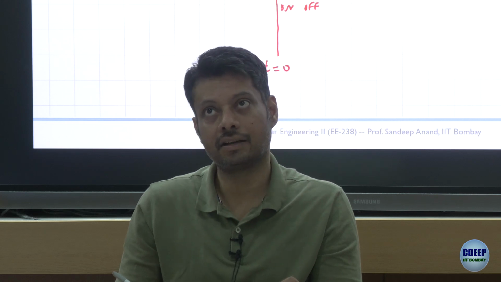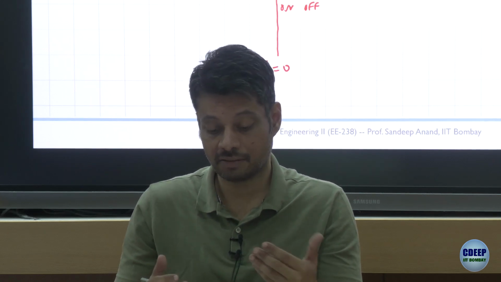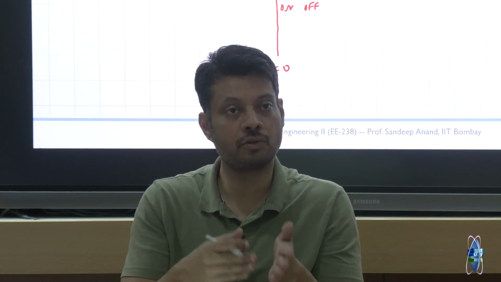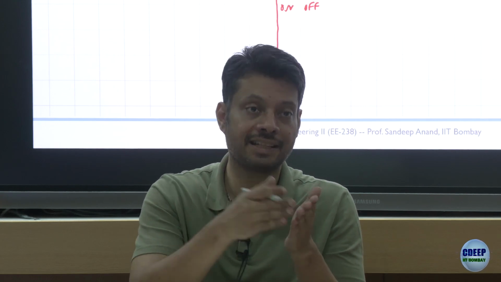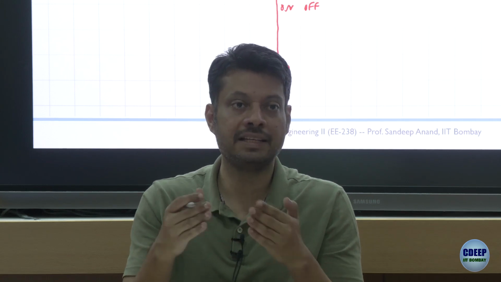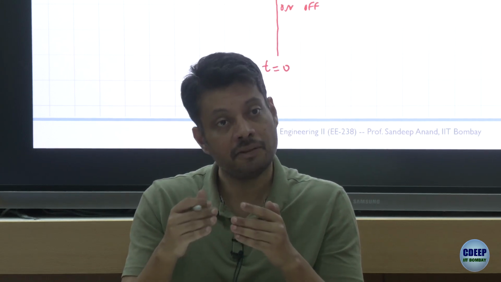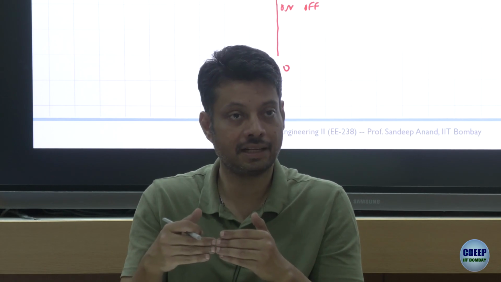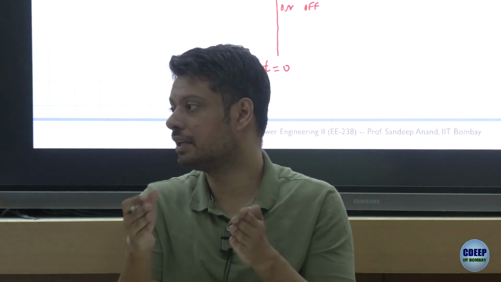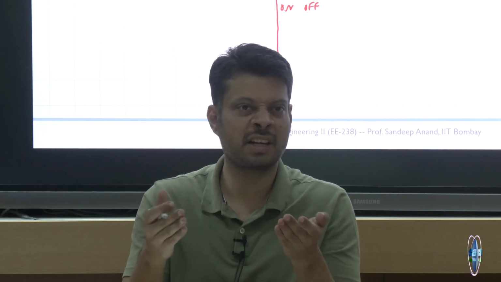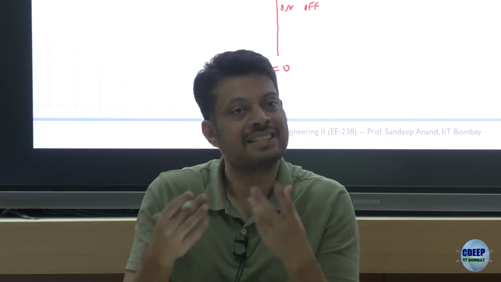Of course there is naturally a capacitor, and there was an inductor. We just drew it from first principles, and it appears that there is a phase difference. But phase difference is defined only for sinusoidal quantities. If I have A sin omega t and A sin omega t minus theta, then yes, there is a phase difference. If you do not have sinusoidal quantities, then the phase itself is not defined.